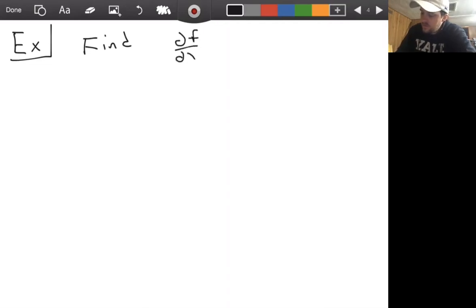So here's example 1. Let's find the partial derivative of f with respect to x and the partial derivative of f with respect to y of what function?